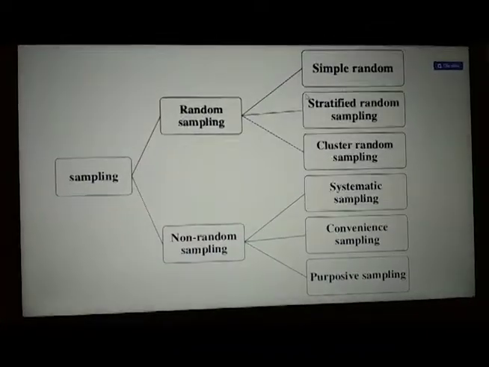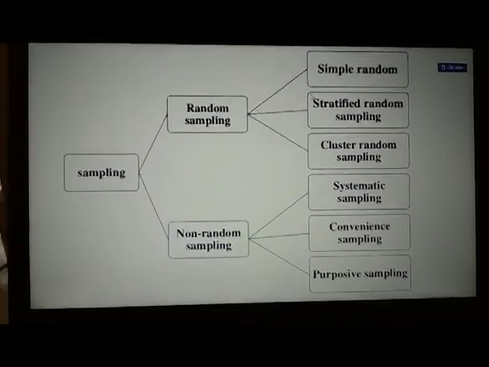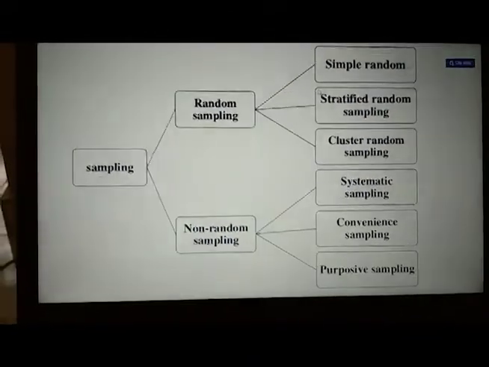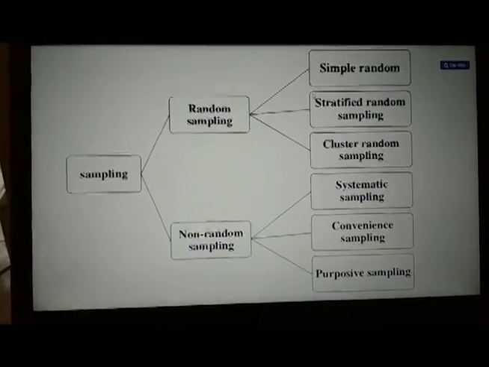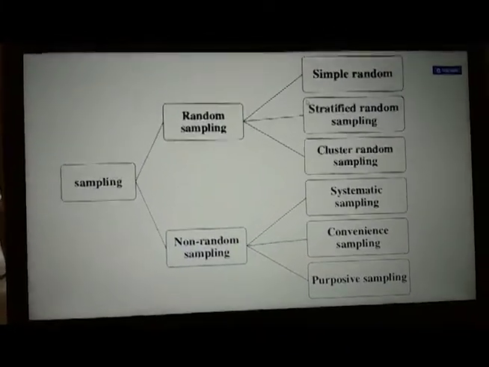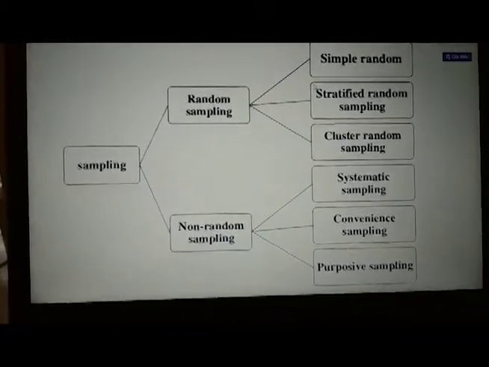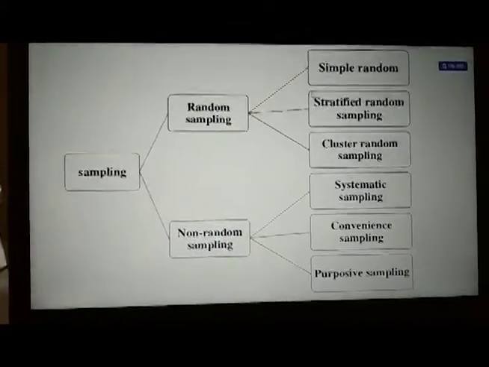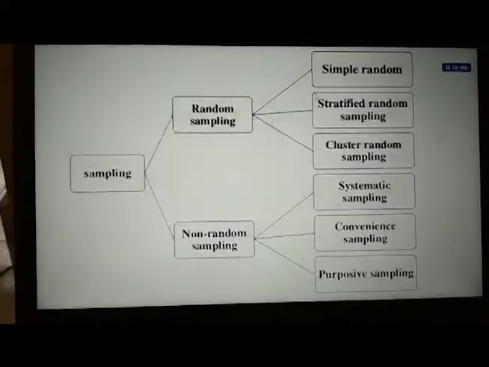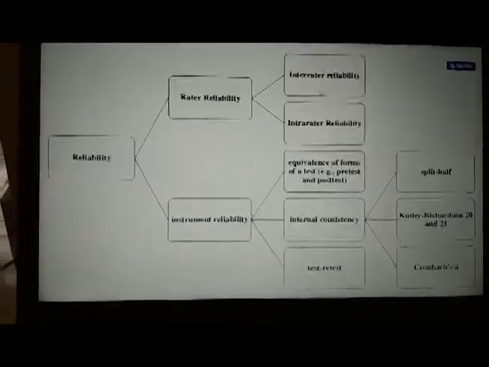You can use simple random, stratified random, or cluster random sampling. Each of these has their own characteristics. You have to find out more about sampling technique. Make sure you use the right technique to take your sampling or samples.